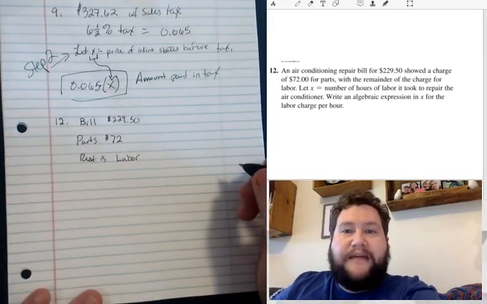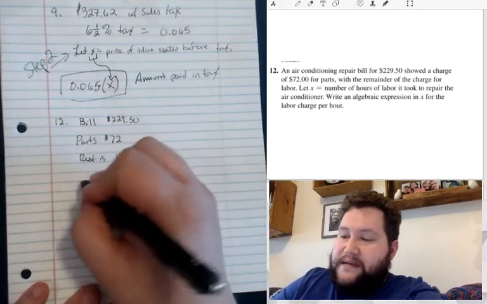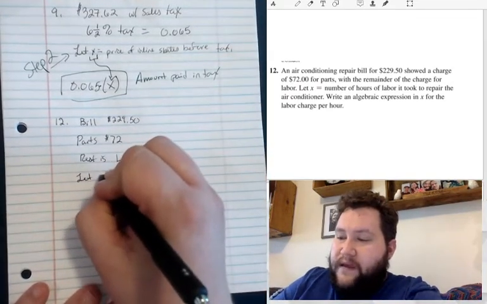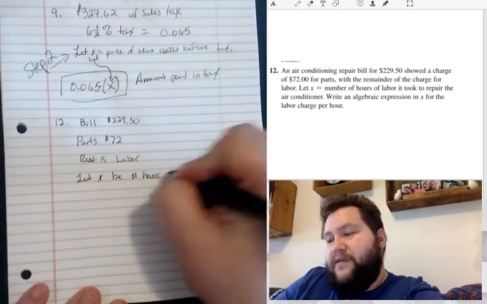It says let X be the number of hours of labor it took to repair. So let X be number of hours of the repair.